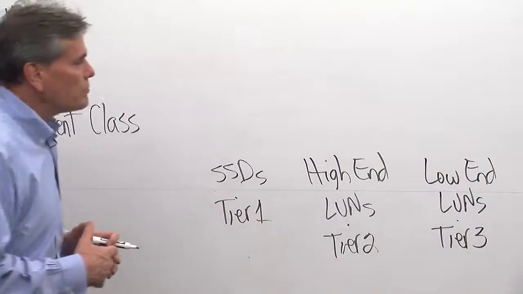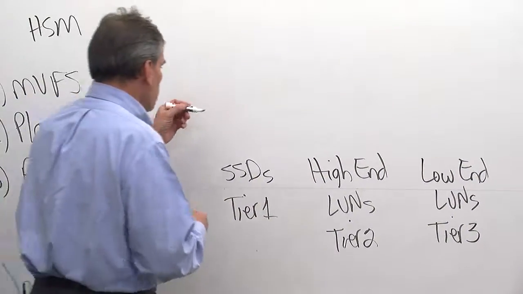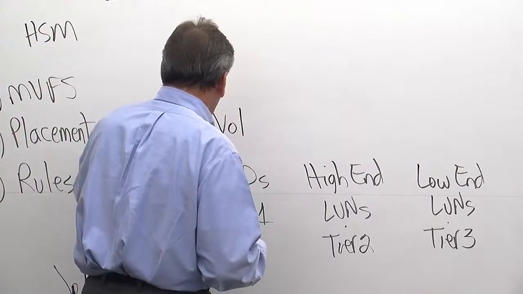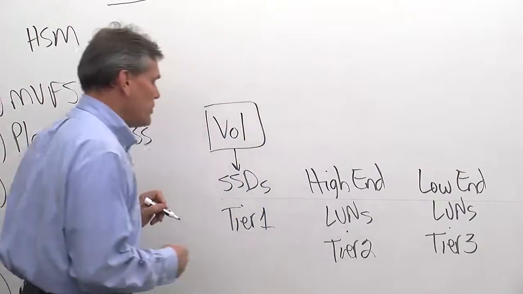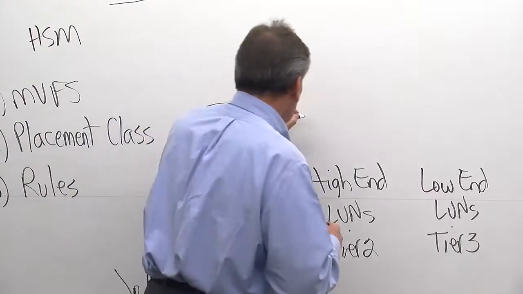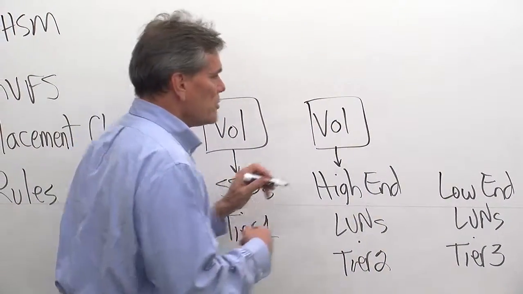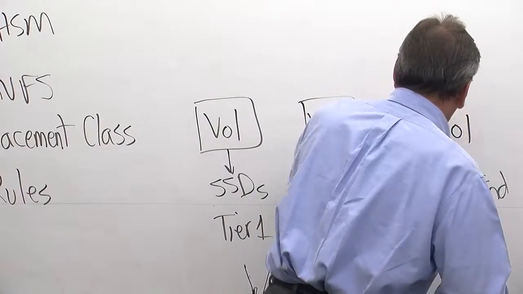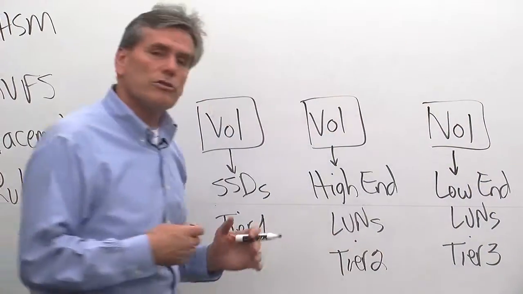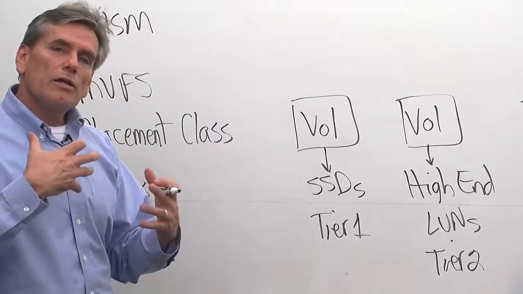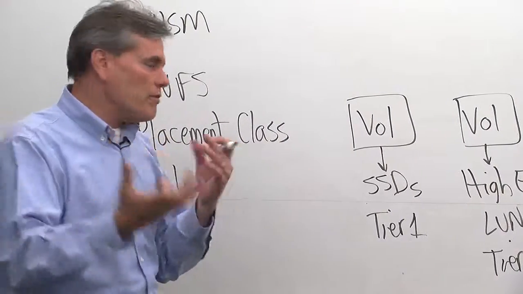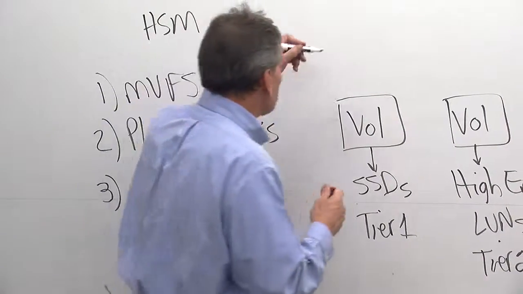Well, traditionally what we would do is we would create a volume on top of those solid state devices. We'd create a volume on these LUNs, and we'd create a volume on those LUNs. Well, traditionally, a volume in a file system is a one-to-one relationship.